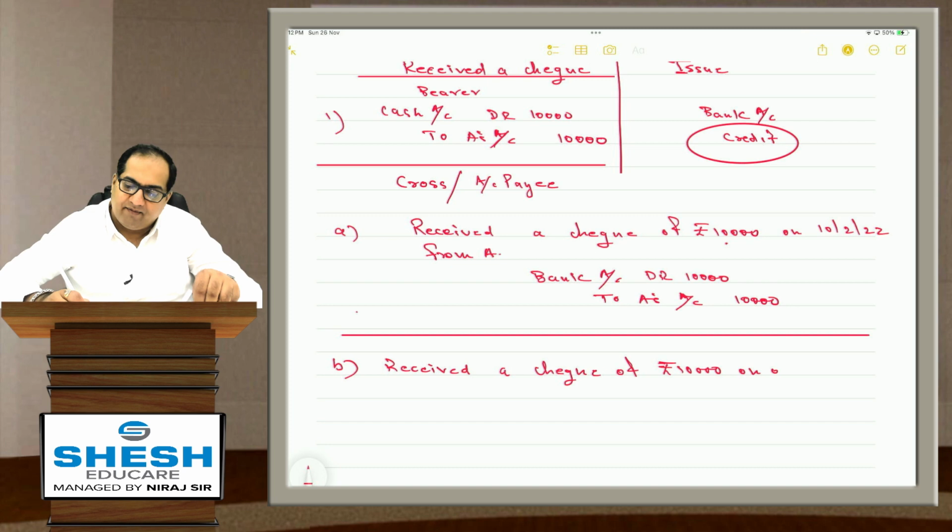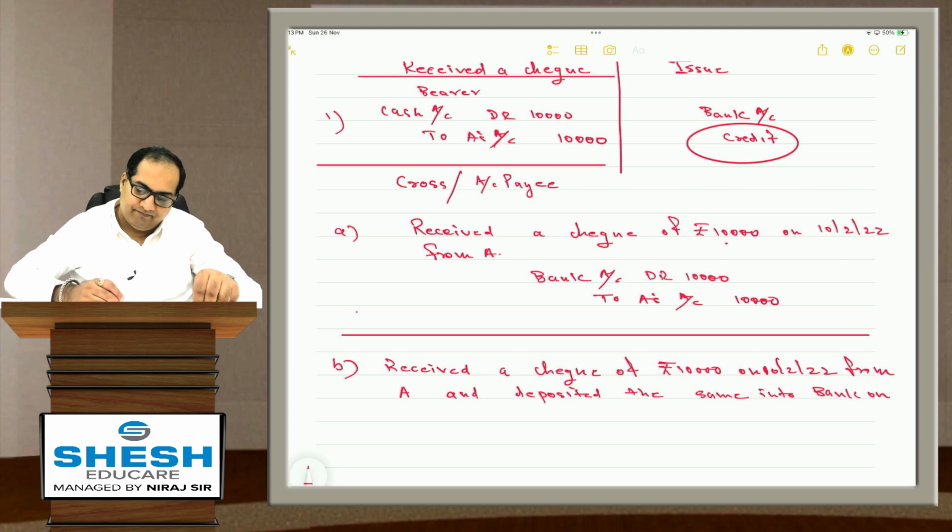On 10th of Feb 22 from A, and deposited the same into bank on 13th of Feb 22.